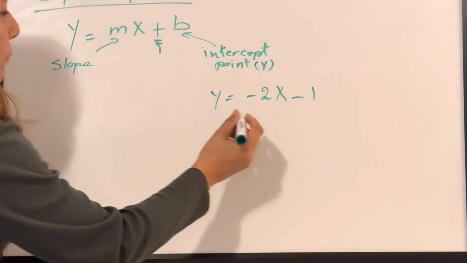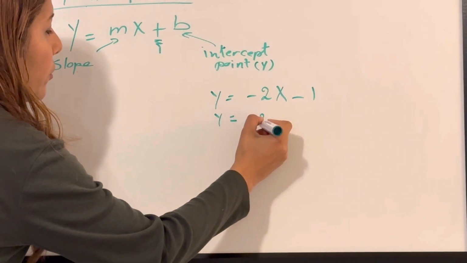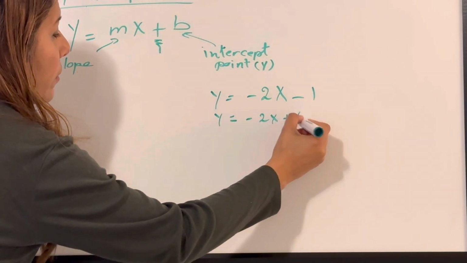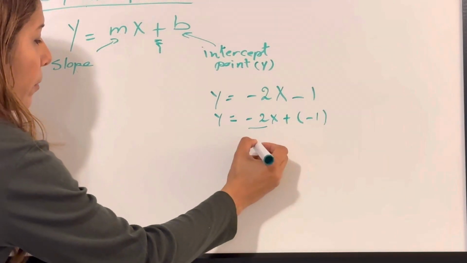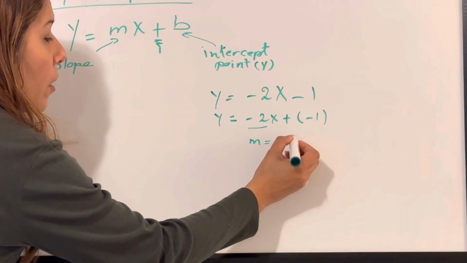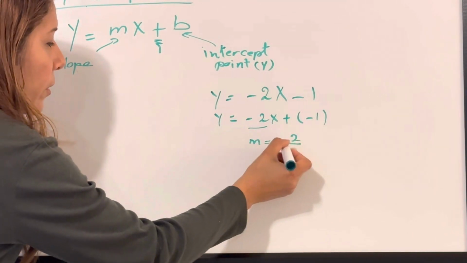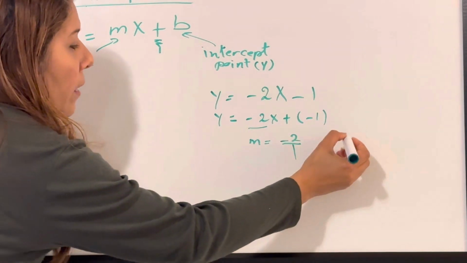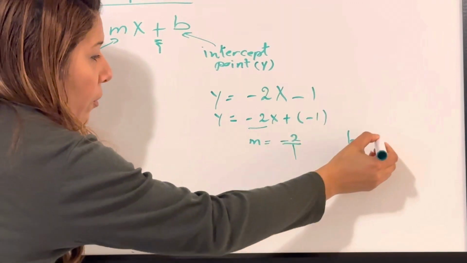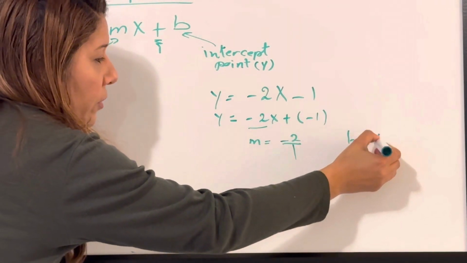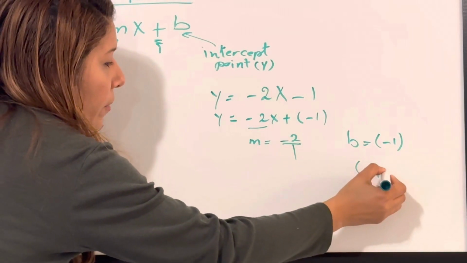To put it in this form, it will be y equals -2x plus -1. So now I have the slope, which is -2. And whenever I don't have anything under it, we know that it's over 1. And I have the b point, the point that I will have on the y-axis, which will be -1. So the coordinate is 0 and -1.